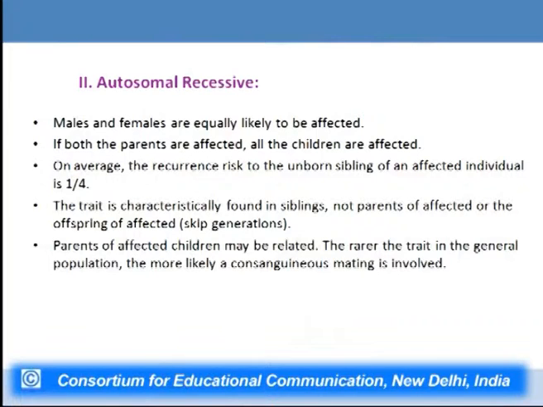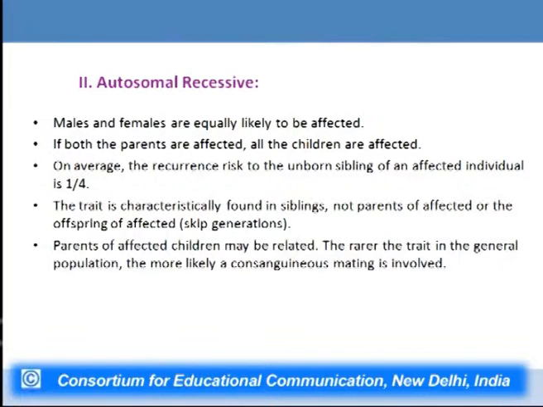They can only form gametes which have the recessive allele, and when any ovum bearing a recessive allele and any sperm bearing a recessive allele fuse together, they would give rise to a zygote having a double copy of the recessive allele. So, all the children will be affected.